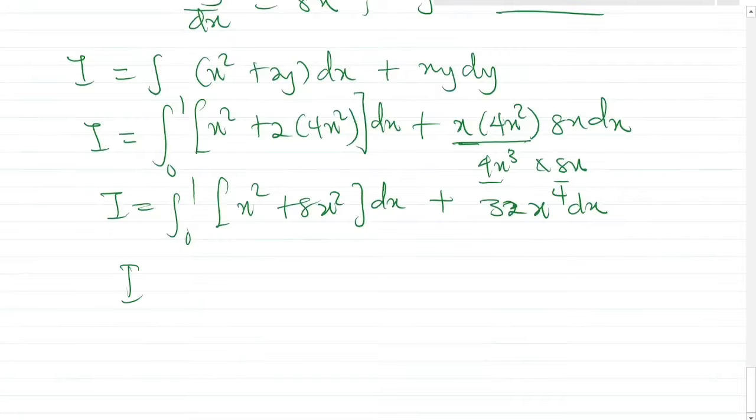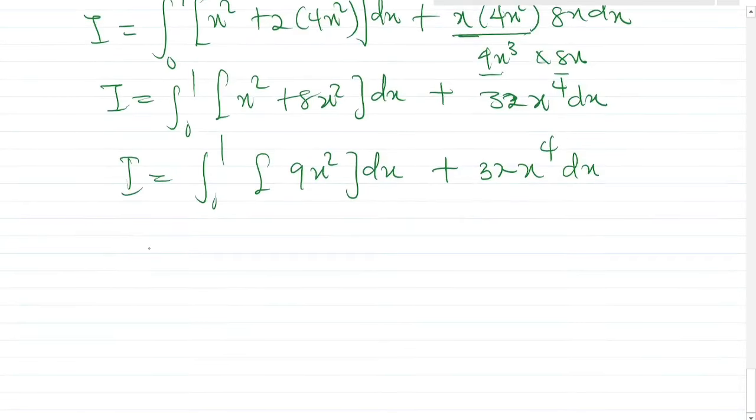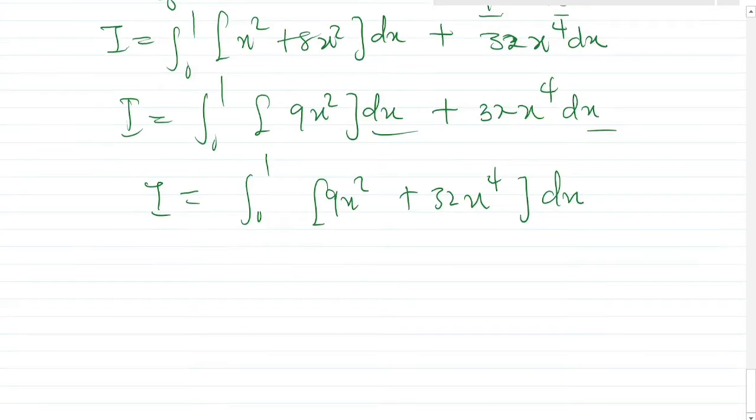So now I equals the integral from 0 to 1 of x squared plus 8x squared, that's 9x squared dx plus 32x to the power of 4 dx. Now let's factorize: 9x squared plus 32x to the power of 4, everything dx, right? dx is common if you understand it that way.